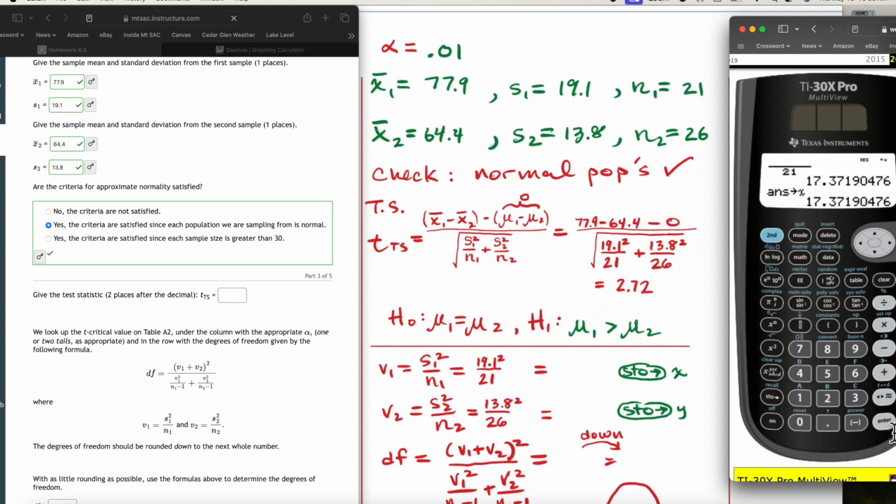It's 17.37. I'll put it down. But again, the full value is much more complicated, and it's been stored in X. Okay, now for the second variance, the V2 value, we'll do this one, 13.8 squared over 26.